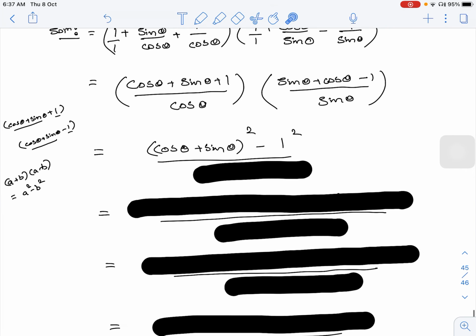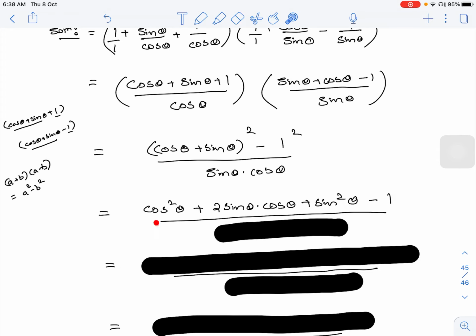Next, the denominator is cos theta into sin theta, so we multiply it and get sin theta into cos theta. Now again it can be seen that it is first term plus second term bracket square, so we can use our identity, a plus b bracket square. What is a plus b bracket square?